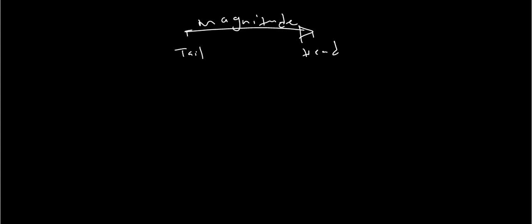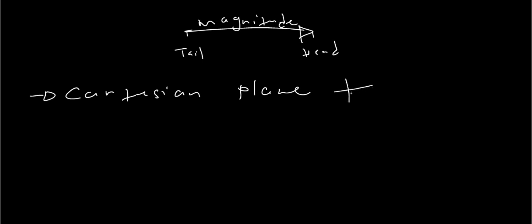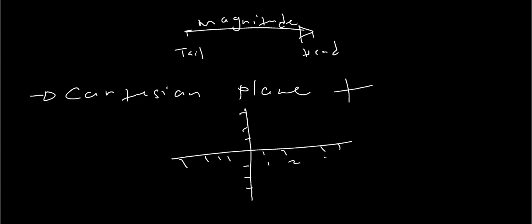We'll also be dealing with the Cartesian plane. On the Cartesian plane, we draw something like a cross, with some values here: 1, 2, 3, 4, and 1, 2, 3.